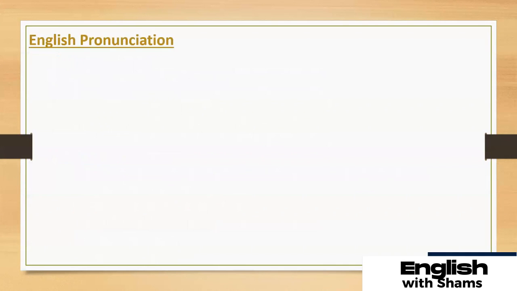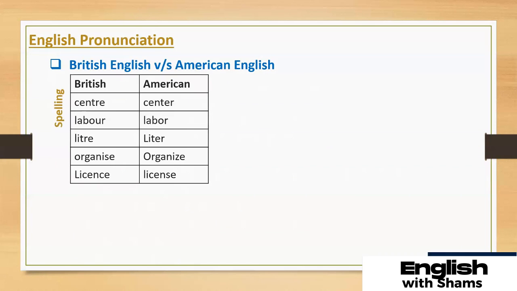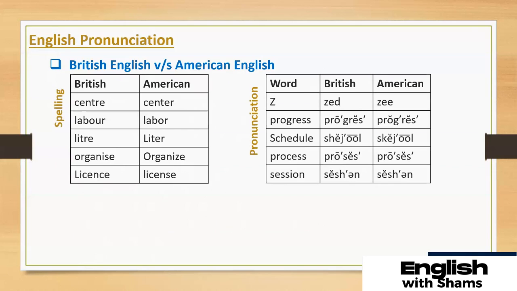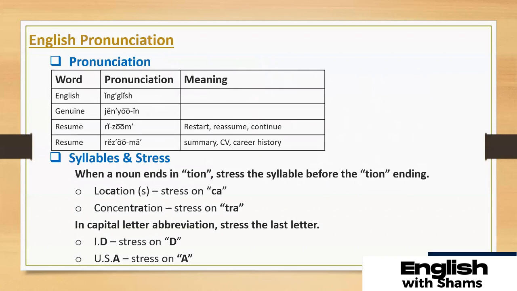Then under pronunciation itself, we will see the spelling and pronunciation differences between British English and American English. Because here we have seen the correct pronunciation of the word English, right?